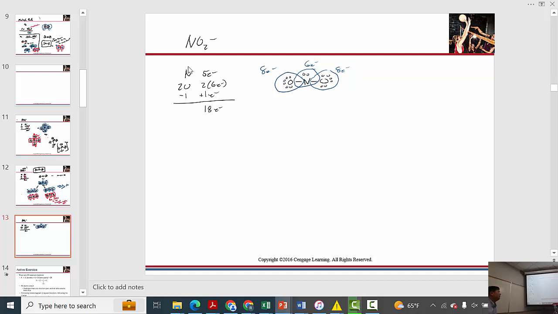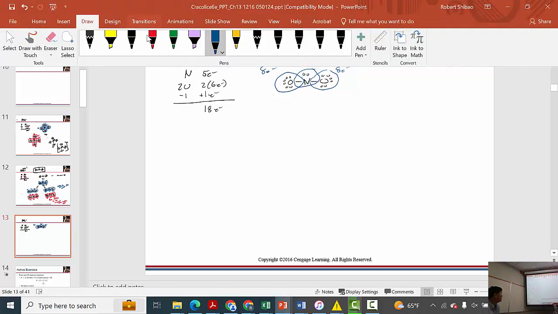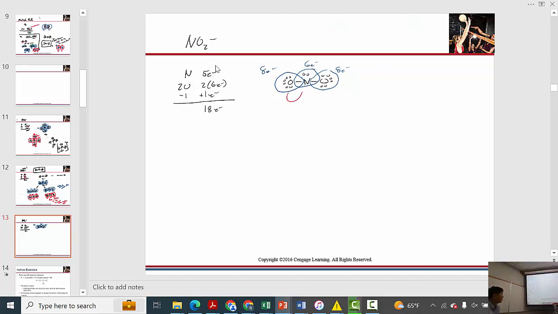And so one way we can do it is by converting a lone pair into a bonding pair. And so let's go ahead and do that. But we have a choice. Which oxygen needs to make the sacrifice? 1 or 2?